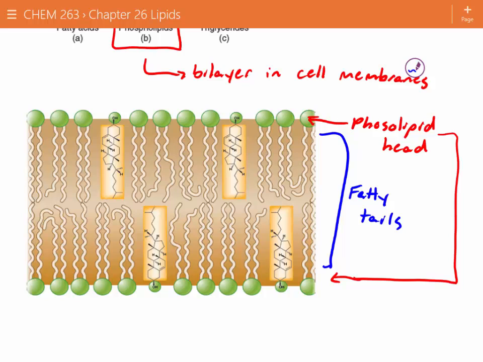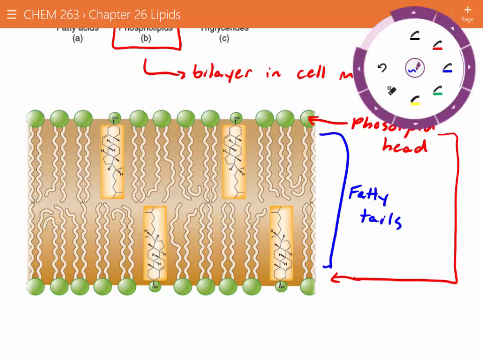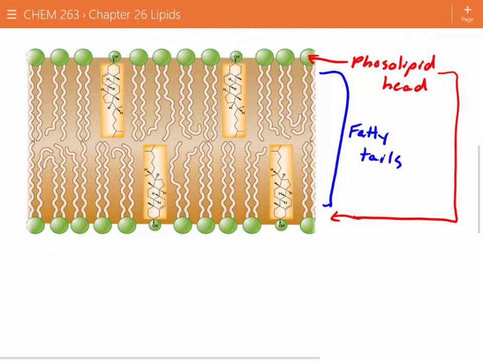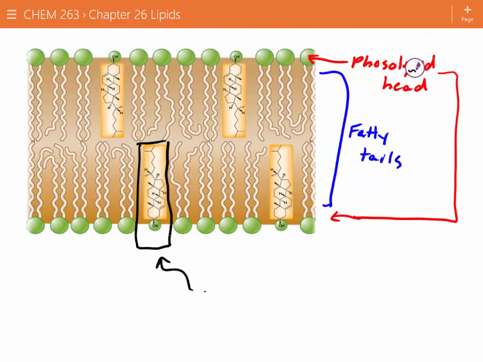Yeah, steroids. What's the main steroid within a cell membrane? Cholesterol, right? So we can say cholesterol is embedded in cell membranes.